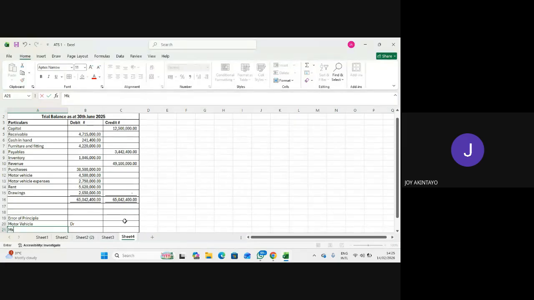Motor vehicle, motor running expenses account. Do you understand?